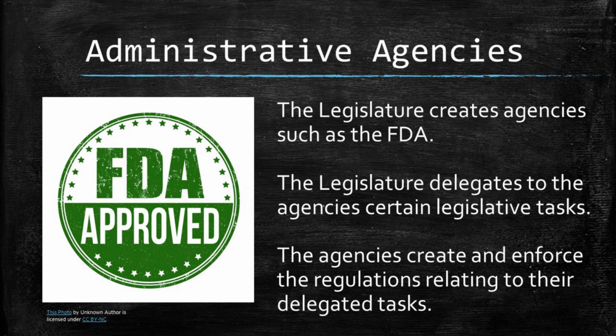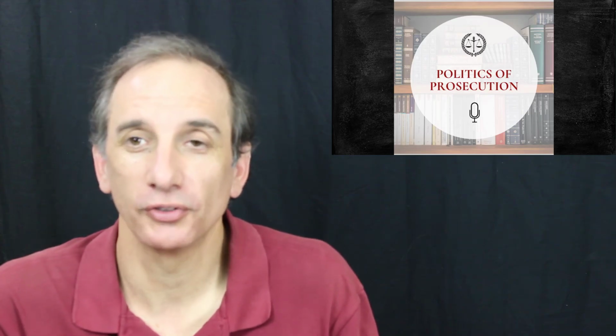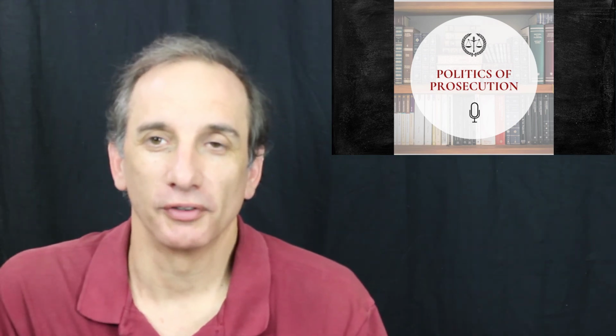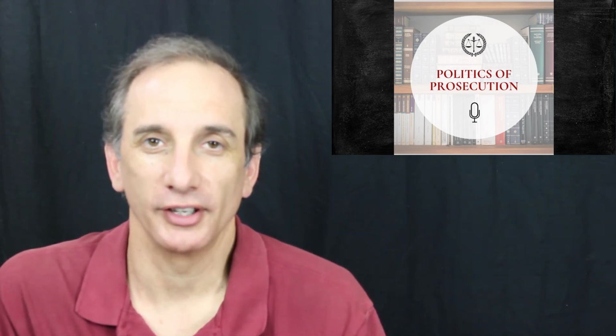So the legislature has said, Department of Agriculture, it is your job to set these things, go do it. And so they go and create these regulations. In addition to creating these regulations, they have to go enforce them. So all these different agencies then have enforcement power. They can sue people, they can get injunctions against people, they can prosecute people who are violating these particular regulations.